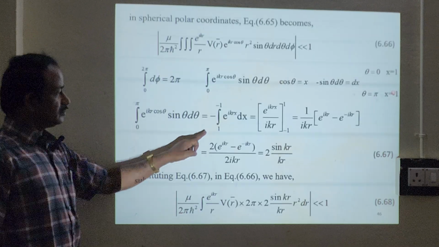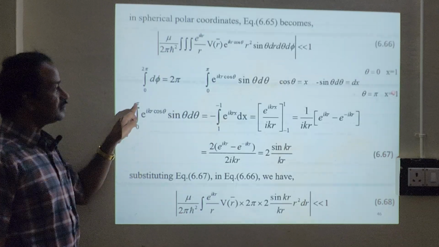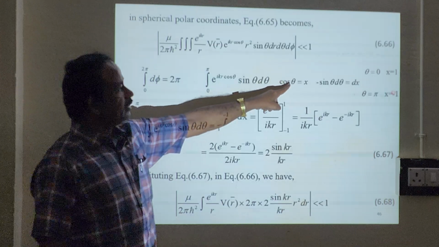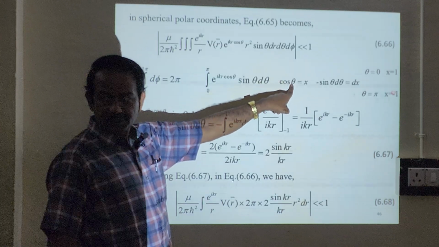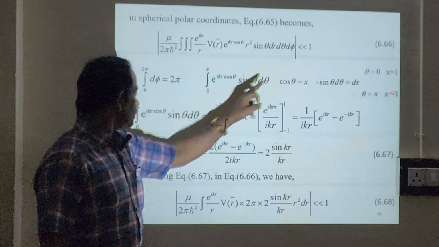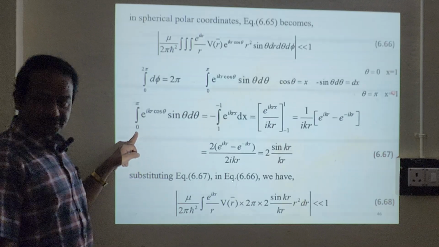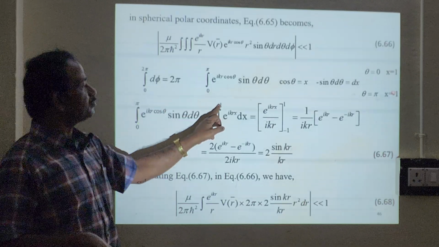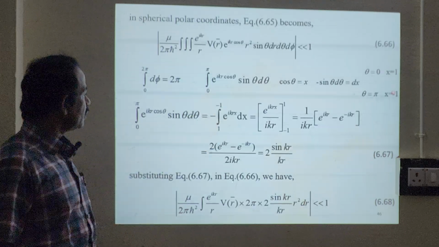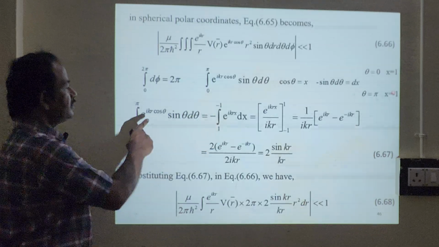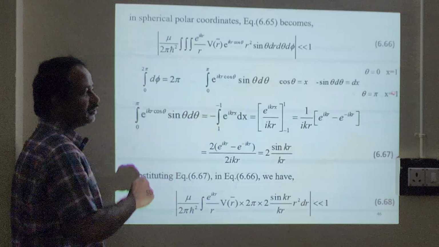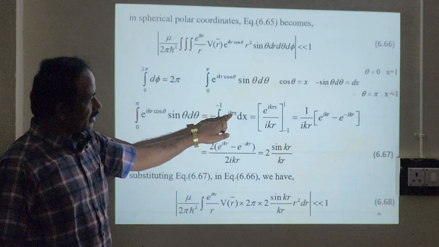Cos 0 is 1 and cos pi is minus 1. Since cos theta equals x, we replace theta equals 0 first, then theta equals pi. So the limits have been changed. The exponent e power i k r cos theta becomes e power i k r x, since cos theta is nothing but x.